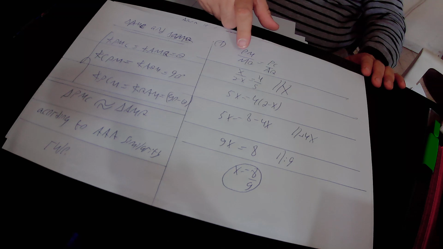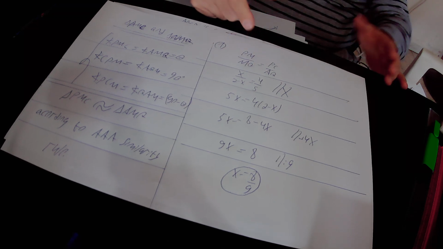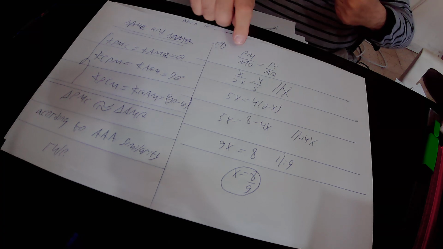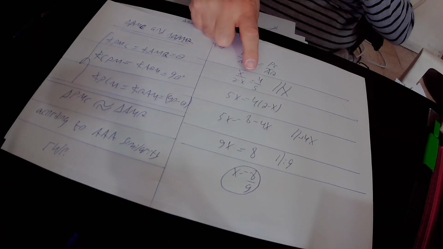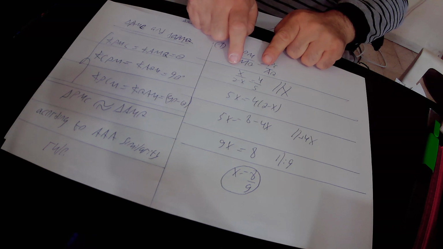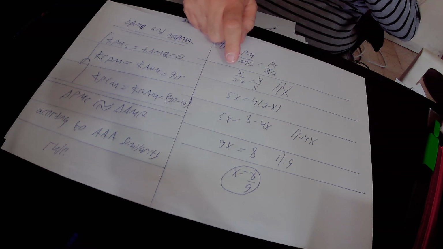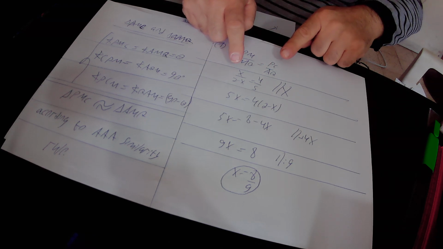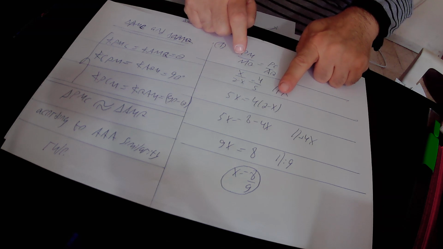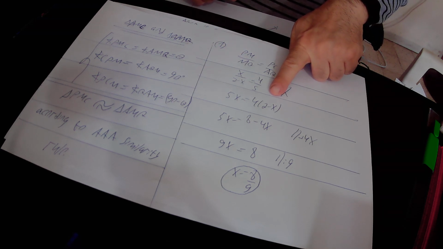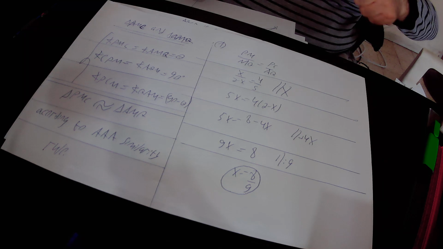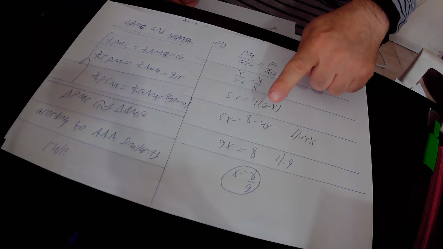PM is x, MQ is 2 minus x, PC is 4, AQ is 5. So in conclusion, x over 2 minus x equals 4 over 5. Here we cross multiply this equation, and we find that 5x equals 4 times (2 minus x). Here we open the brackets on this side of the equation, and find that 5x equals 4 times 2, that is 8, minus 4x.